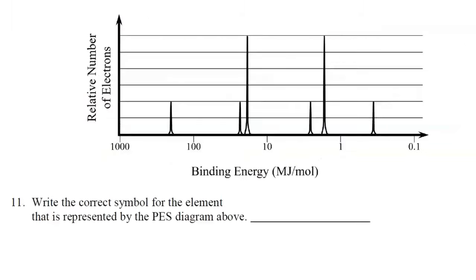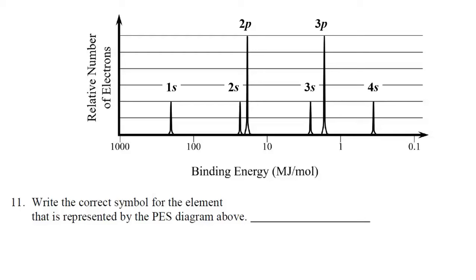Okay, this is number 11. We are given the photoelectron spectrum, or the PES diagram, for an element. Write the correct symbol for the element that is represented by the PES diagram above. Starting from left to right, it's going to be 1s for the first peak, 2s, and then 2p for the next part, 3s, 3p, and then finally 4s.